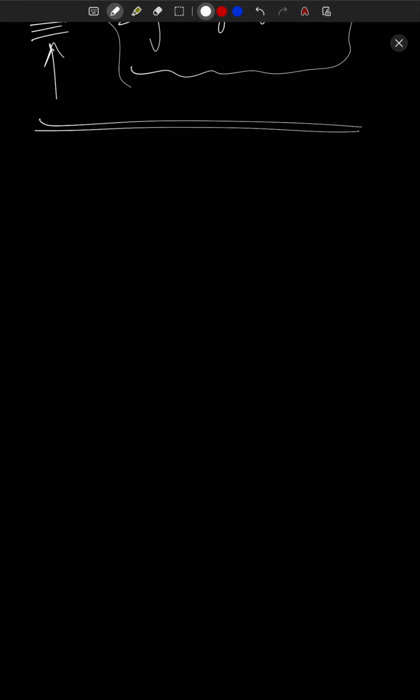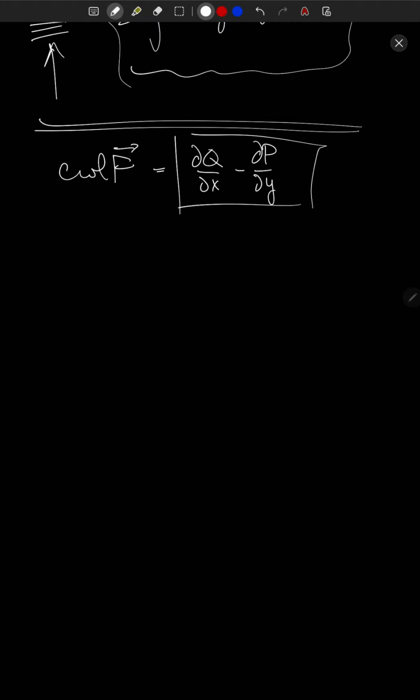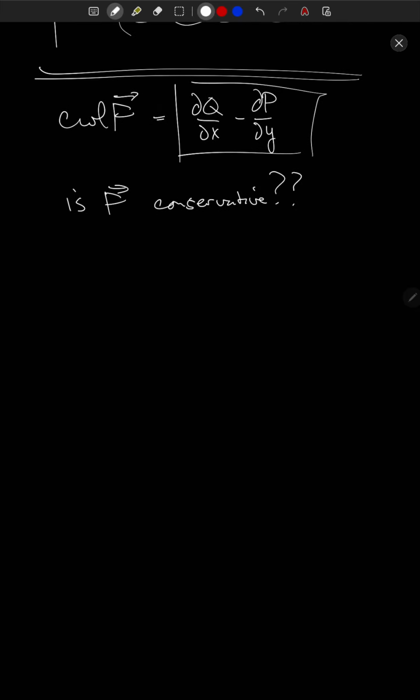All right, one more thing, or a couple more things. About the curl of f. What was the curl of f? It was dq/dx minus dp/dy. We've actually seen something like this when we talked about whether f is conservative. We said that we needed to examine whether dq/dx is equal to dp/dy.